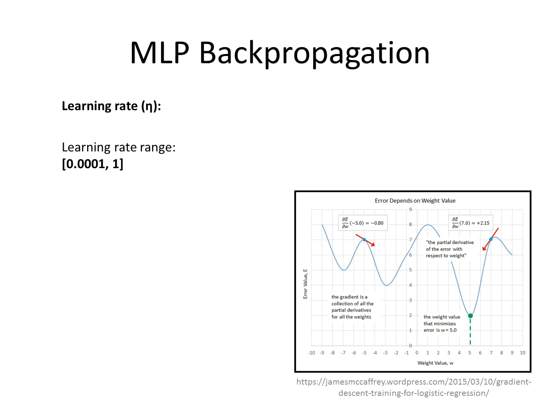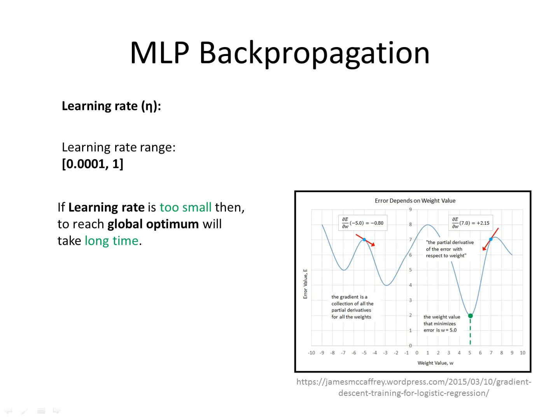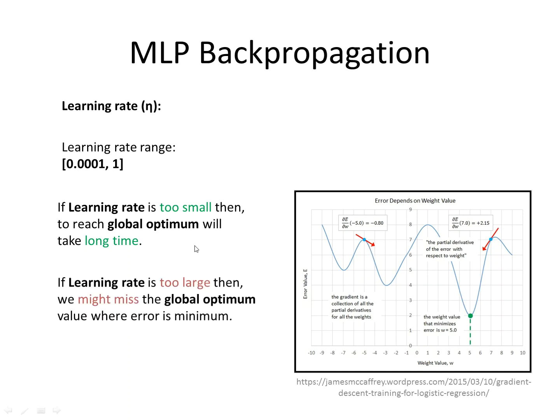So the next thing is the learning rate. How can we determine the learning rate, that is eta? It also has a range from 0.0001 to 1. But if the learning rate is too small, then to reach the global optimum it will take a long time. Suppose the learning rate is too small, then at each step it will change the error very slowly. But if we take the learning rate as too large, then we might miss the global optimum.